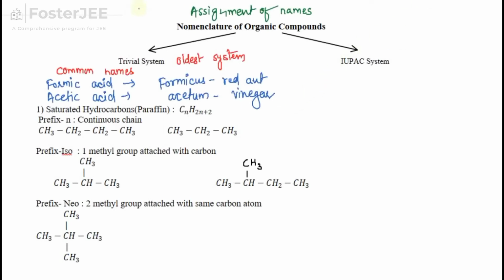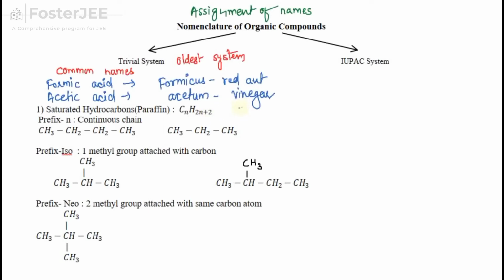The first one is saturated hydrocarbons. These are also known as paraffins. The general formula for saturated hydrocarbons is CnH2n+2. So the saturated hydrocarbons or alkanes are the hydrocarbons containing only hydrogen and carbon.